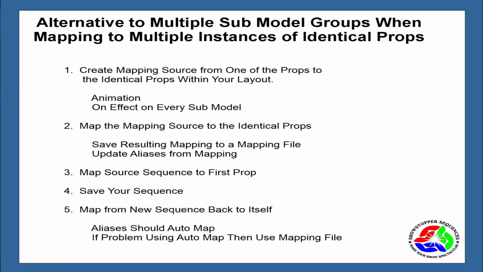And when you come back and map it back onto itself, rather than hitting auto map, you can use the mapping file that has the variations in it. So it gives you a lot of flexibility, so that you can get exactly what you want with your mappings very easily without creating literally 88 submodel groups for a single prop.